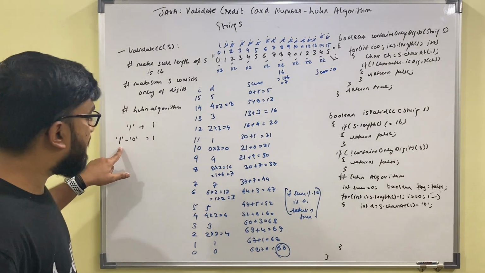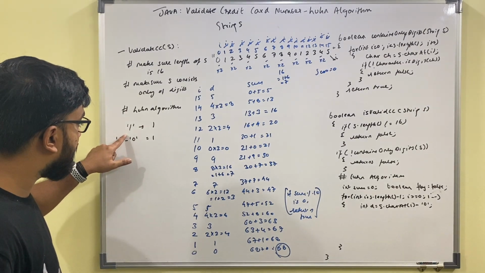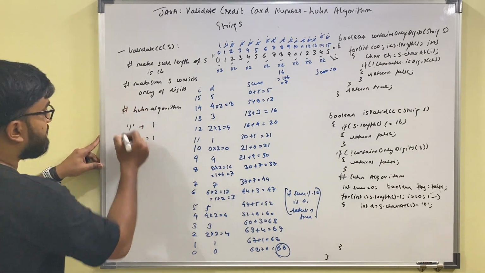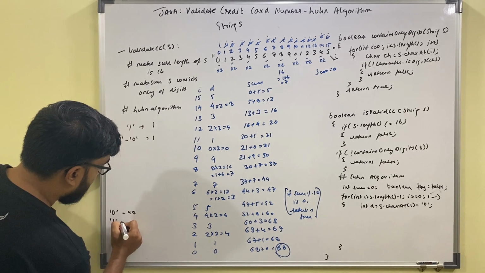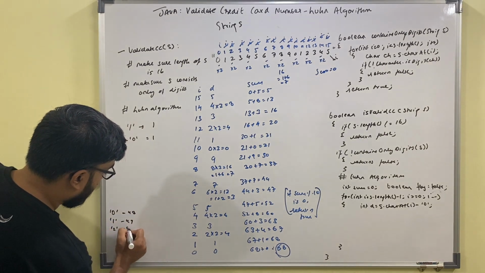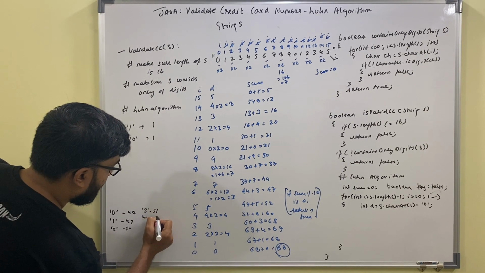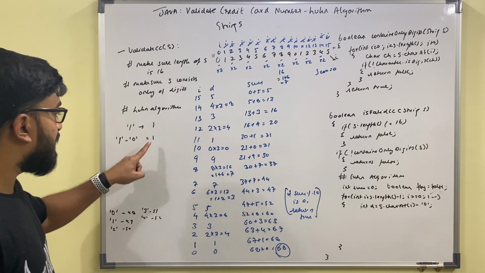Because in Java, single characters are stored as ASCII values. So each has an integer value associated with it. '0' is basically 48, '1' is 49, '2' is 50, '3' is 51, '4' is 52, and so on. So when you do '1' minus '0', you do 49 minus 48, you get 1.